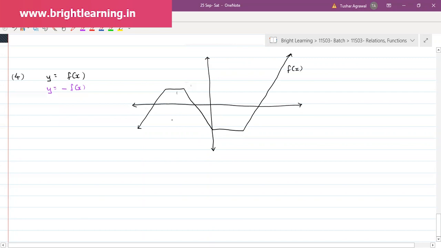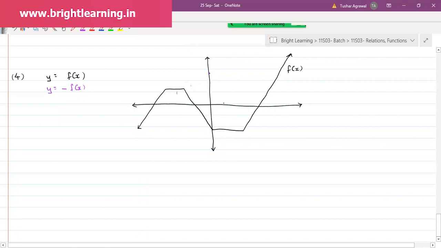So, sir, if x is equal to 0, initially this was my y, this was my image. Now, to plot the purple point, you have to take the f of x image and just invert its sign. Just take the opposite sign. Whatever distance you have gone downwards, go that much distance upwards.